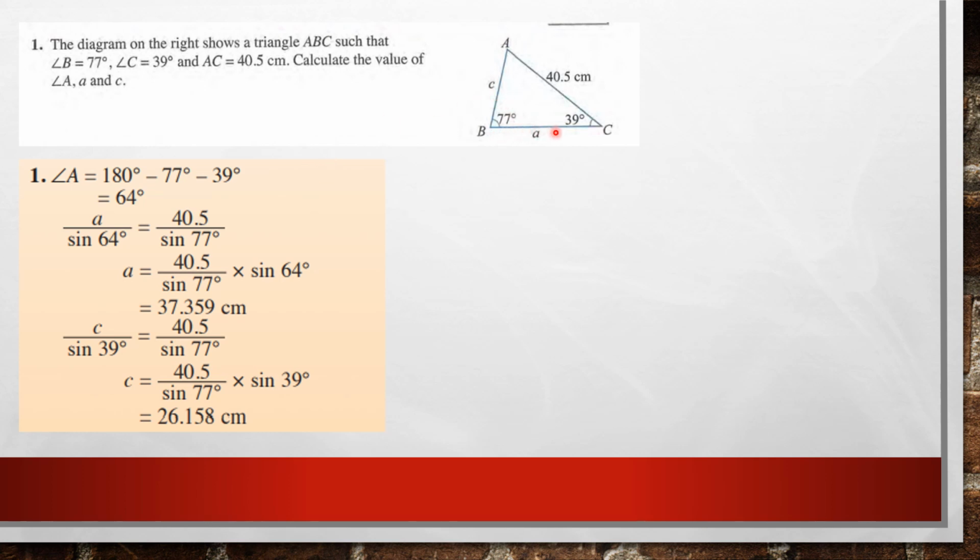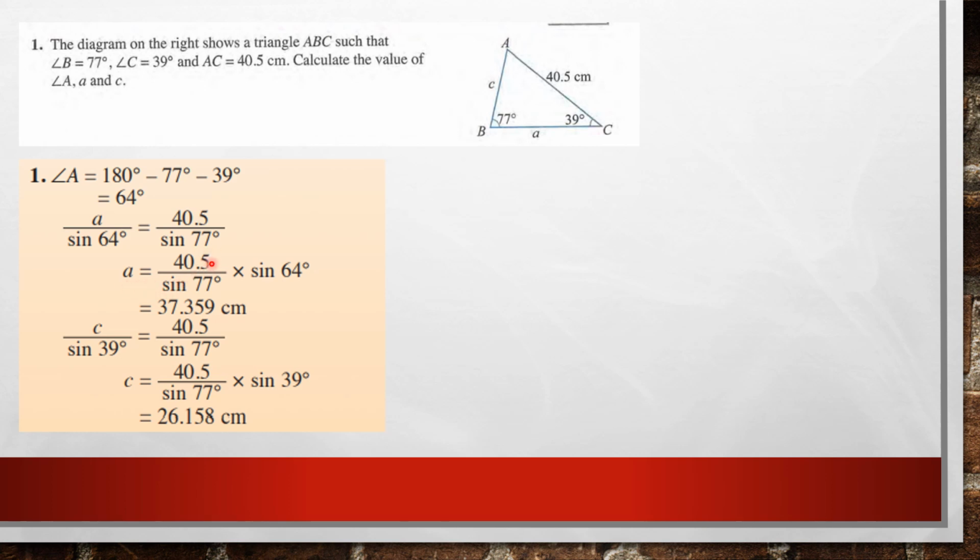Then to find the length of a, you know the opposite angle is 64, and you can use another pair that you know, which is angle 77 and the opposite length 40.5. So by using the sine rule, a over sine 64 equals 40.5 over sine 77.